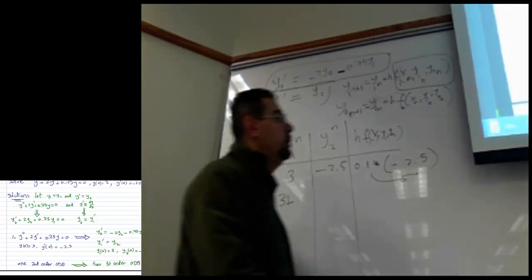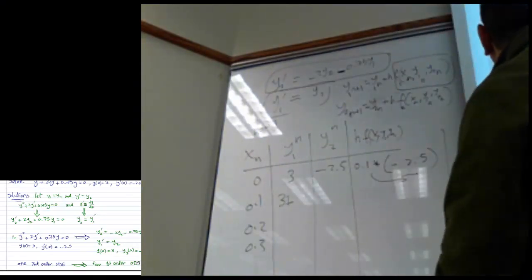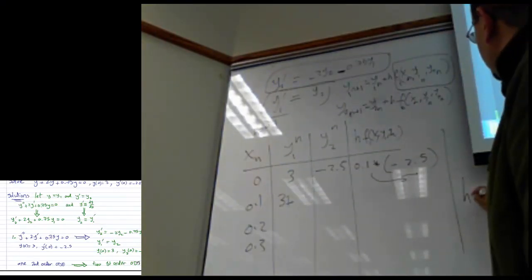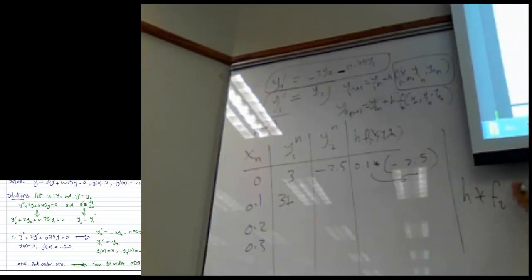And how about y2? What is y2? It will be h multiplied by f2 of x, y1n and y2n. So how much is it? The h is 0.1 multiplied by the slope of y2.